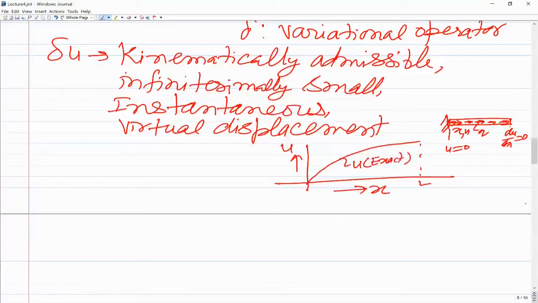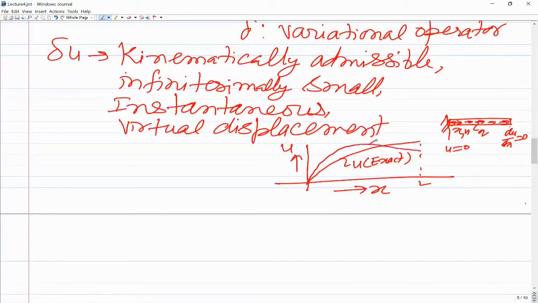Then we look at the varied solution. In the varied solution we add a small quantity, the virtual displacement. The virtual displacement has to be kinematically admissible. So at x equal to 0, u is 0, so delta u also has to be 0. So u plus delta u would be 0 there, but it can have any variation like this.